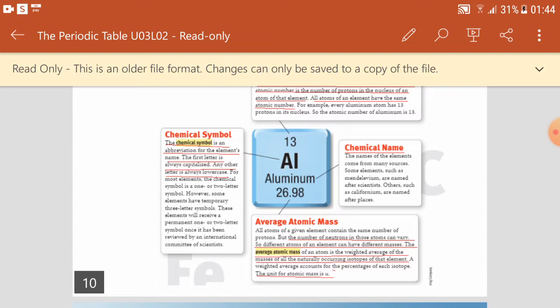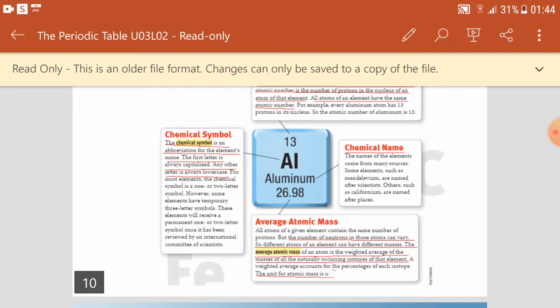All atoms of an element have the same number of protons and electrons, but the number of neutrons can be different, and we call them isotopes.